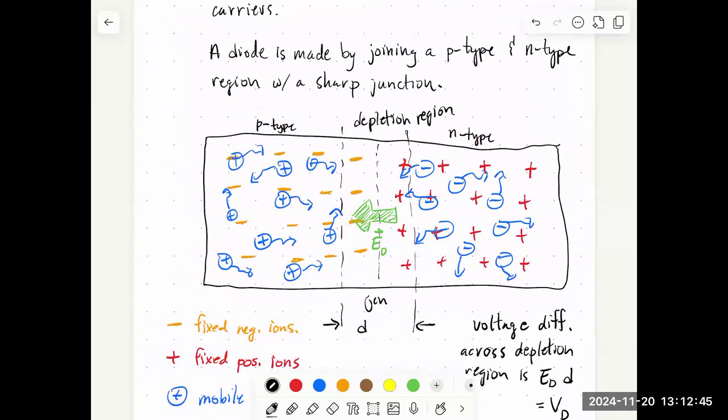We also had the possibility of breaking a covalent bond, which would also create electrons and holes. So let's imagine an electron was created from a broken covalent bond in the P region, and it wanders over to the depletion region, sees this electric field, and the electric field is just going to sweep it right across. So we'll have some flow of charge to the right, and that's going to be due to these minority charge carriers.